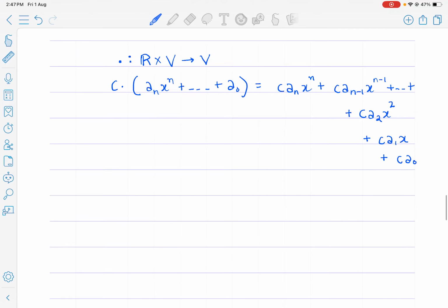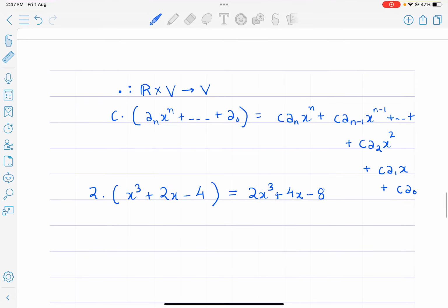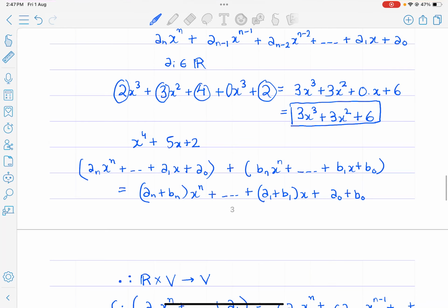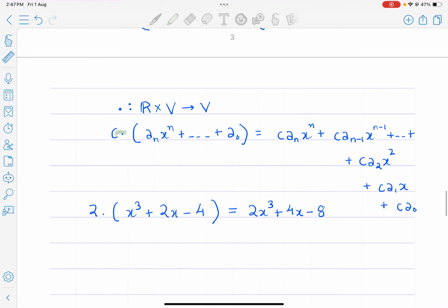Let me show an example. Let's say 2 times this thing. So this will be 2x cubed plus 4x minus 8. Now we have defined a dot and also an addition. This is our definition of addition, and this is our definition of this dot product.